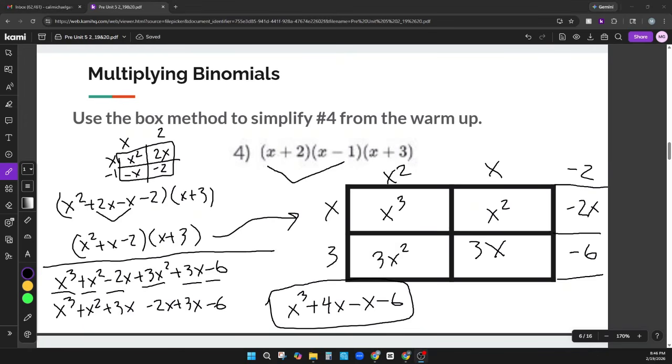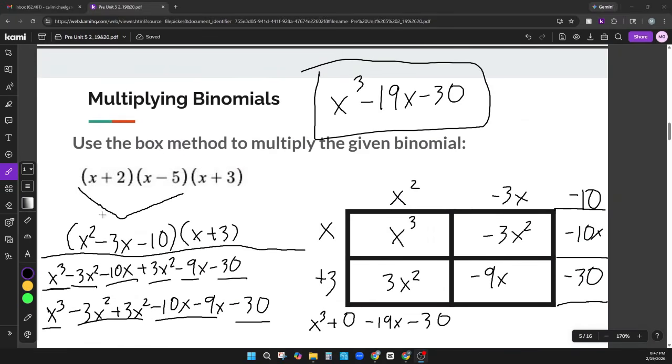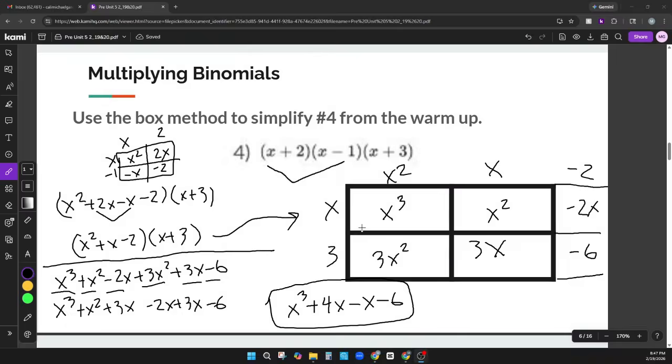All right, if we've added everything and combined everything as we should, our result should be x to the third plus 4x minus x minus 6. So go back and check your work, make sure that these two make sense. Ask your partner, ask Mr. Ibarra or Ms. Lopez if we're not understanding a component of one of these problems.